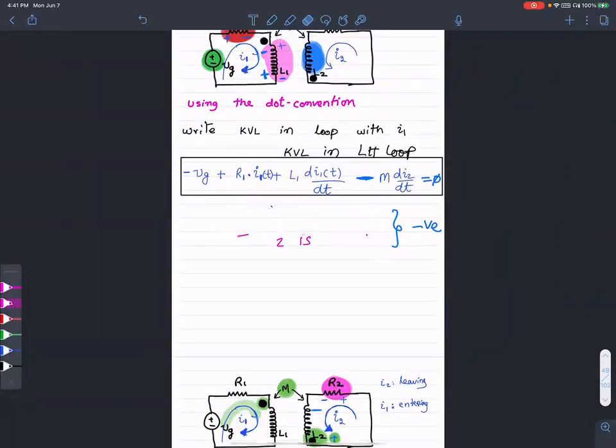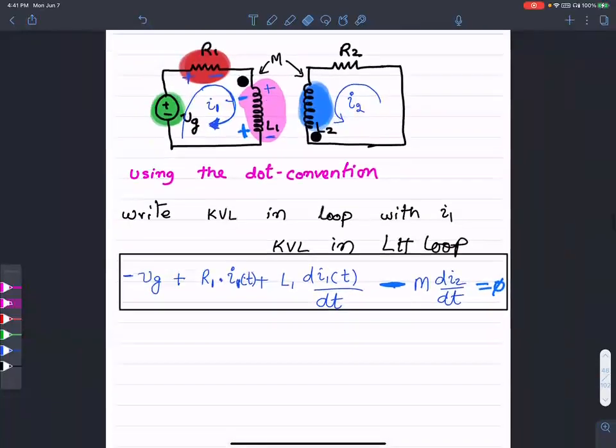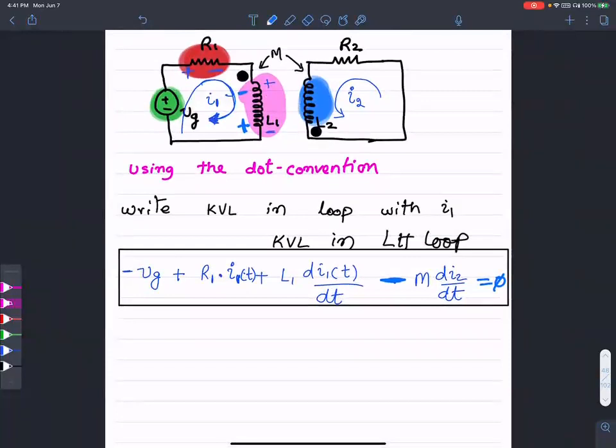Let me go back and show you what I have done in the earlier problem as well. In the earlier problem, I wanted to find the direction of the voltage set up as a result of I2.